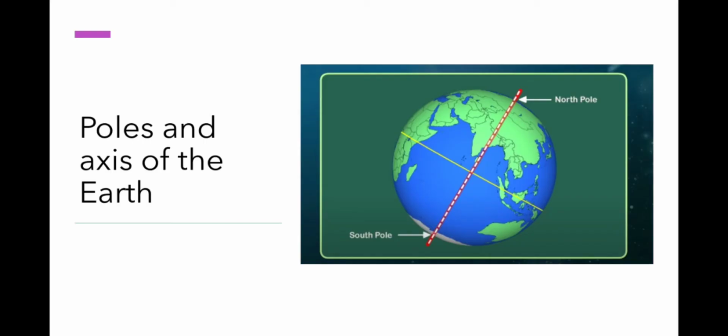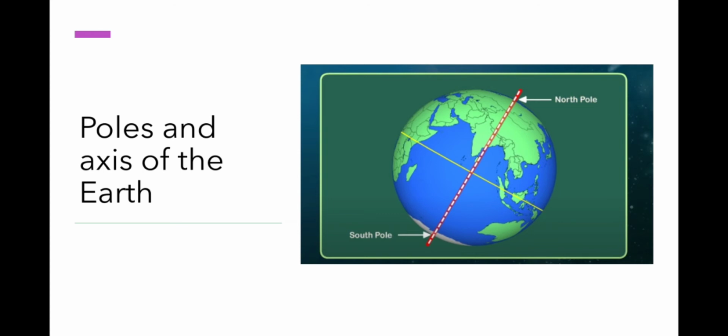Now, we will see the poles and the axis of the Earth. In the picture, you can see the North Pole and South Pole. North Pole is the northernmost point on the Earth. South Pole is the southernmost point of the Earth.